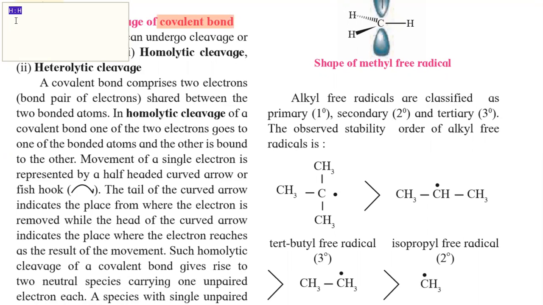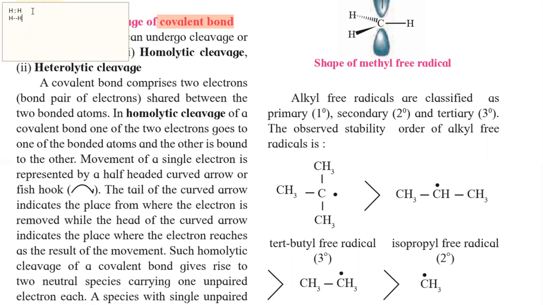These two electrons are from these two hydrogen atoms, meaning one electron from one hydrogen atom and the other electron from the other hydrogen atom. So these two electrons are shared by these two hydrogen atoms. That is, a bond formed by mutual sharing of electrons is called a covalent bond.